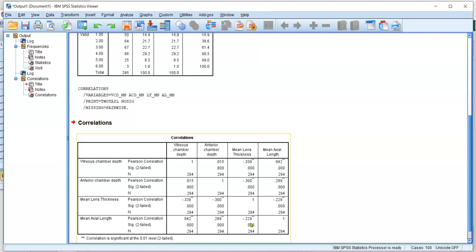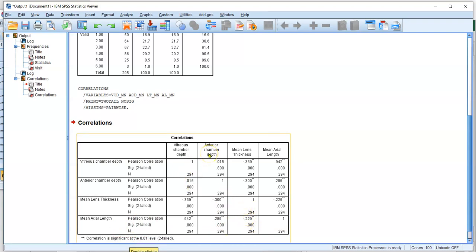Think about this as a myopic: the thicker their lens, the shorter their mean axial length, because their axial length is growing. So the thicker the lens is, the shorter their axial length probably is, and it has much more way to grow.